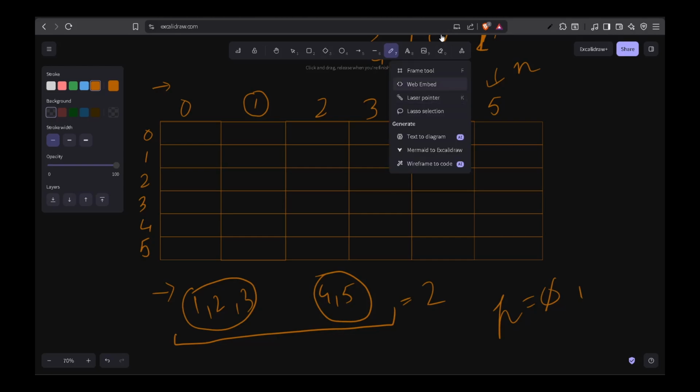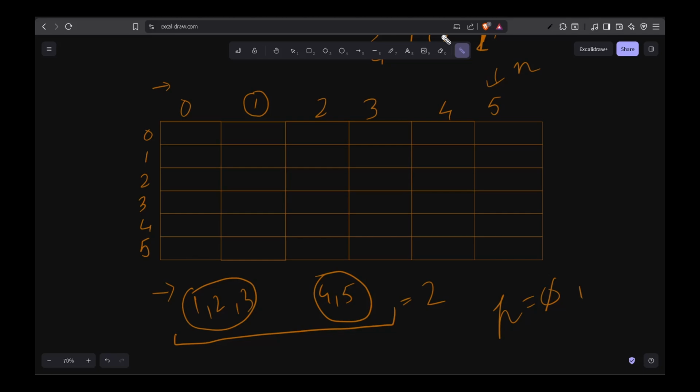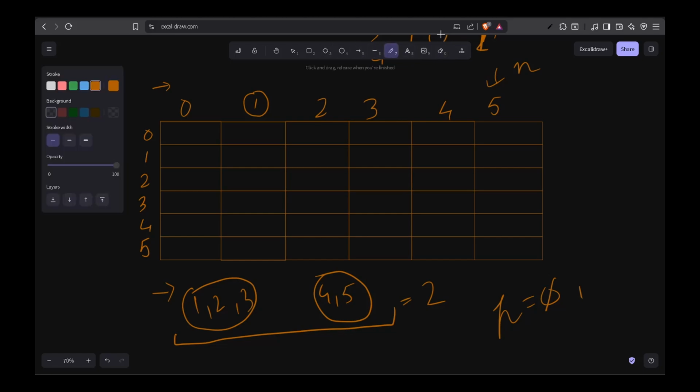Now what we can do is, since 1, 2 and 3 are connected somehow, we will migrate from 1 to 2, right? We will migrate from 1 to 2 and we will mark 2 as visited. So that means this city 2 has been visited. This city 1 has also been visited, right?